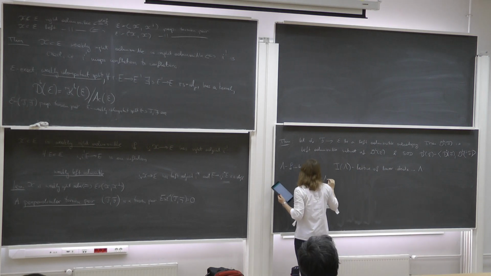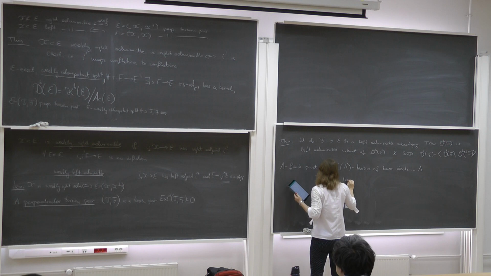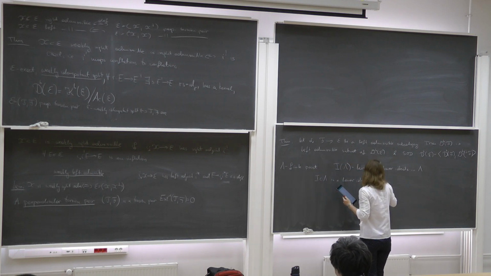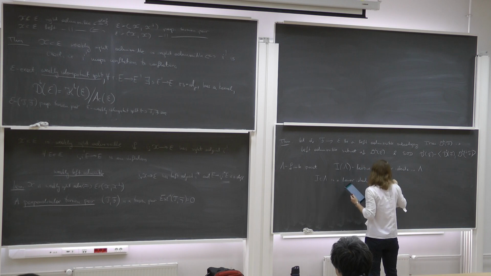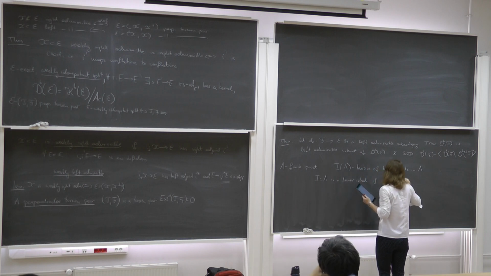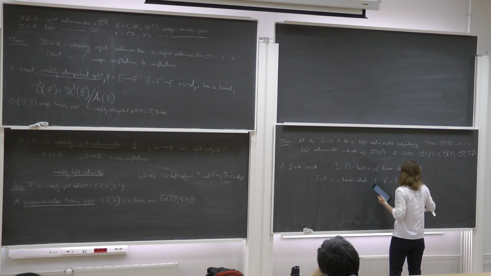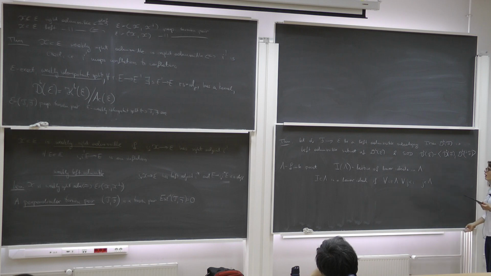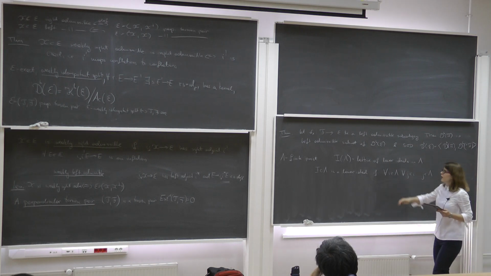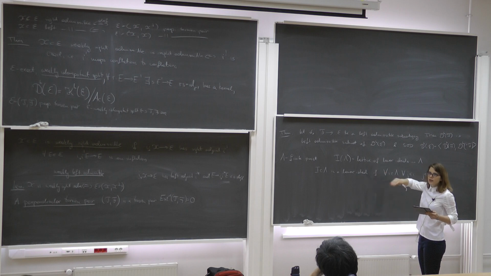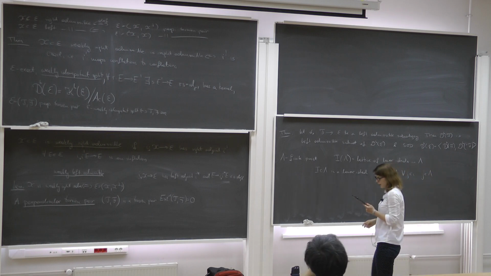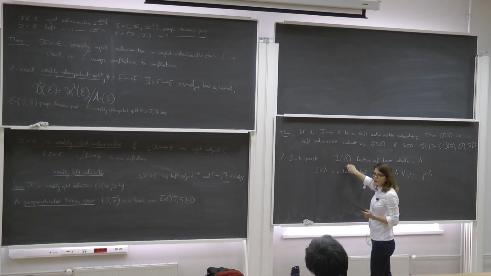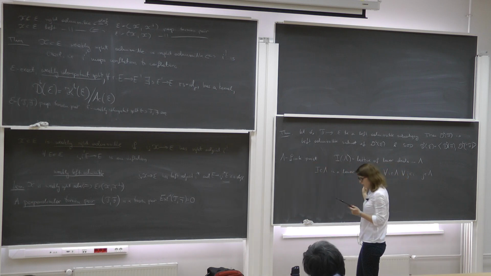I in Lambda is a lower ideal if for any i in I and any j which is less than i, j is also in I. And then this is a distributive lattice. You can intersect and take unions, and it still will be a lower ideal. And Birkhoff's theorem says that any finite distributive lattice is of this form.